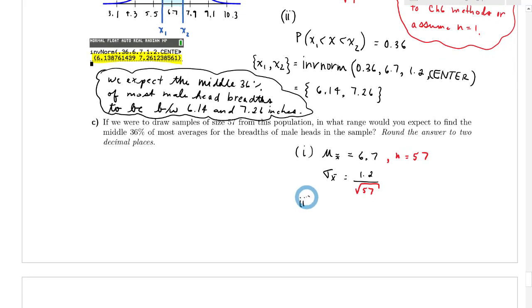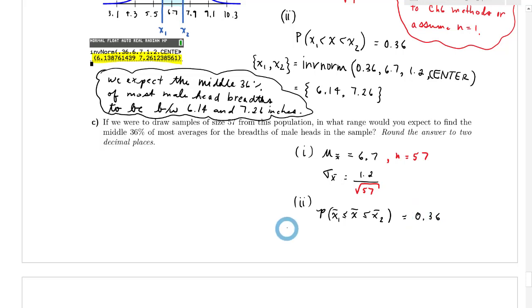And the second part that we would do is exactly what we just did up here. But instead, now if we look at the middle 36, the probability that I randomly select a sample of size 57, and that sample average is between these two averages, that's 36%.